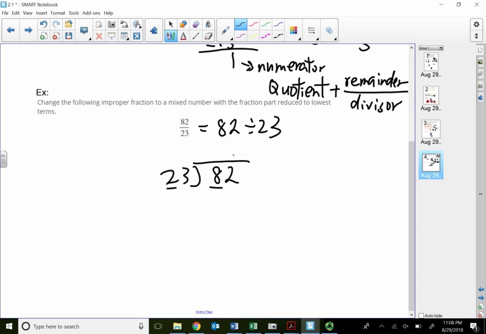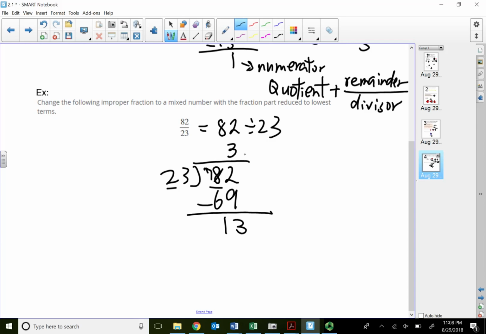So 2 going into 8 here, we will use about 3 times because 3 times 3 is 9, 3 times 2 is 6. If I do the long division subtract, this is going to be 12 minus 9, which is 3. This is actually 7 minus 6, which is 1.